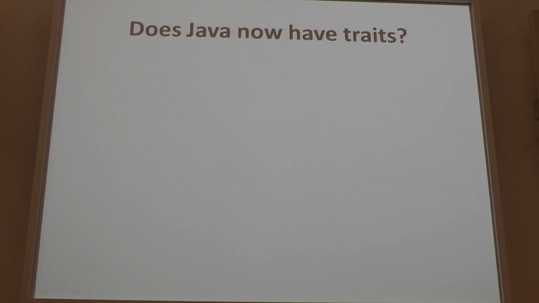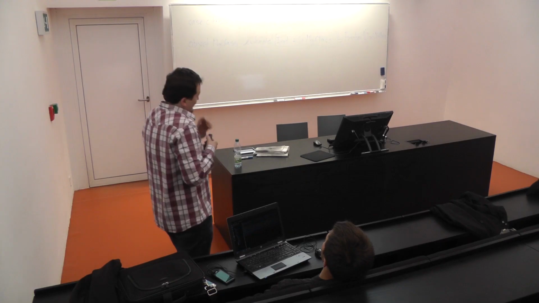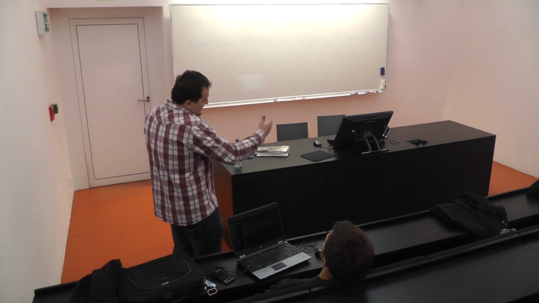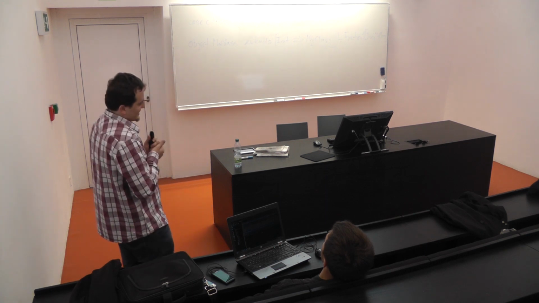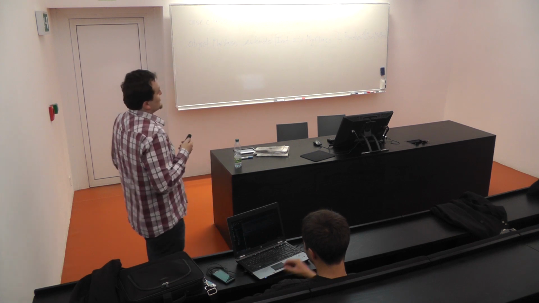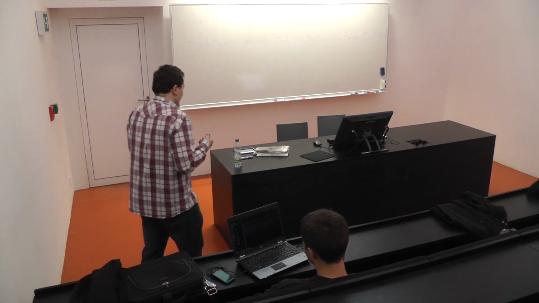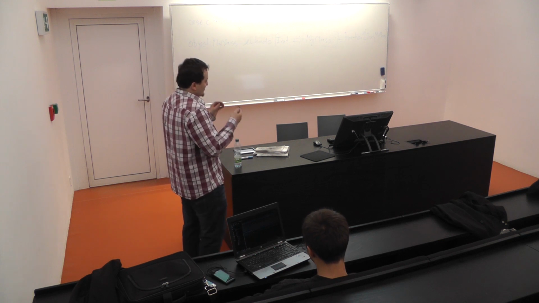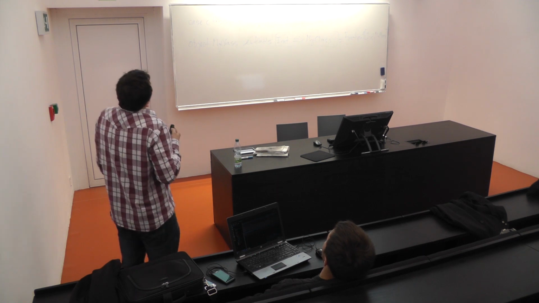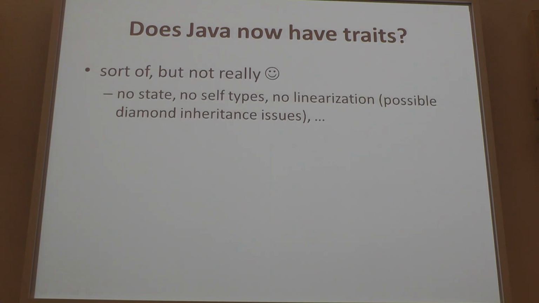So, does Java now have traits? Well, it depends how you look at what you want to do with them. The basic common idea is that you have interfaces that can have some methods implemented, so then yes, Java has traits, but in Scala, traits can be used for much more than just implementing methods in an interface.